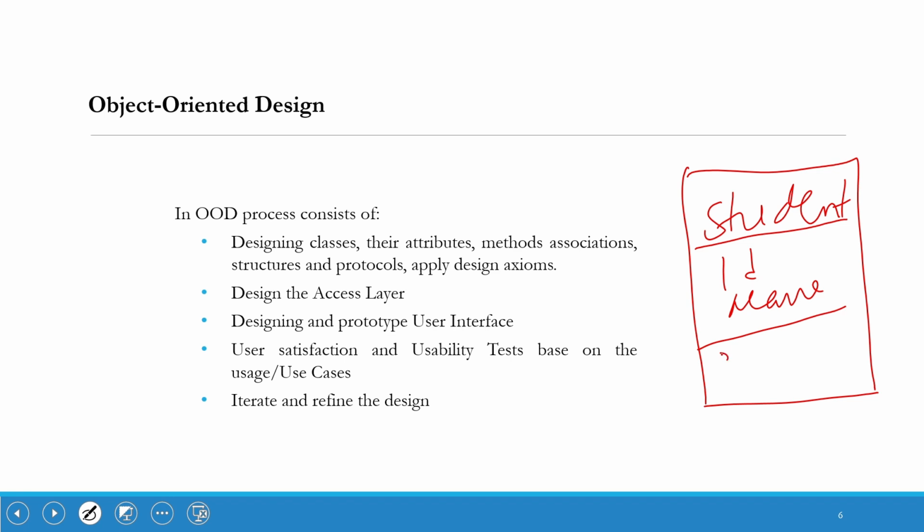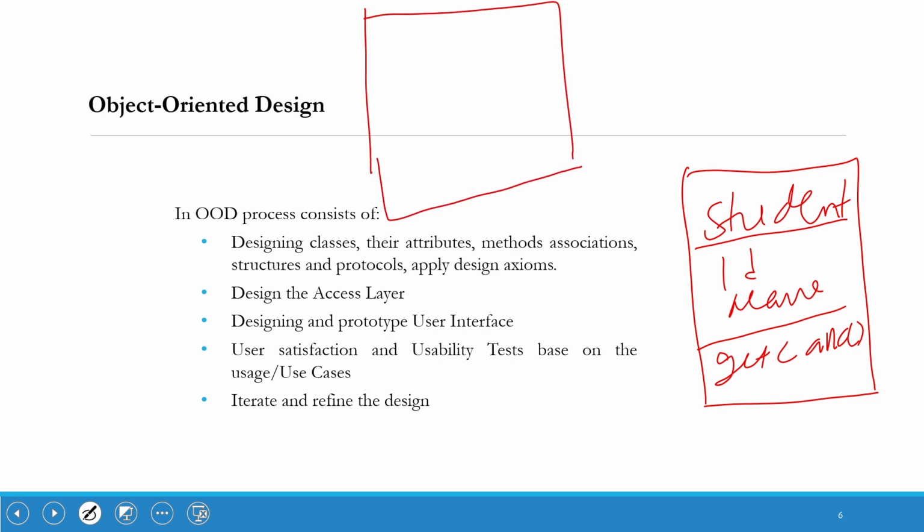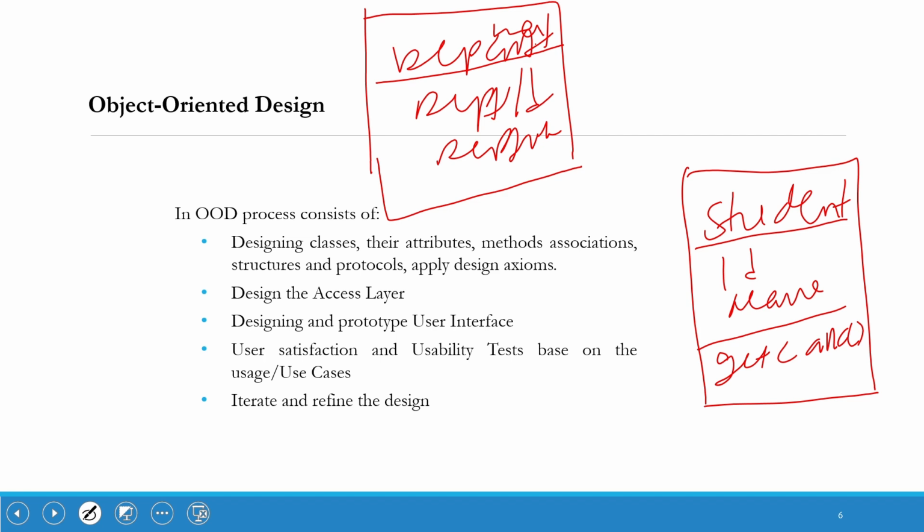And again we have another class here called department. It has dept ID and dept name. So this class will relate with this one. Here we have the relation between the department class and the student. So in object-oriented designing, we have to design such kinds of relationships, attributes, classes, and so on.